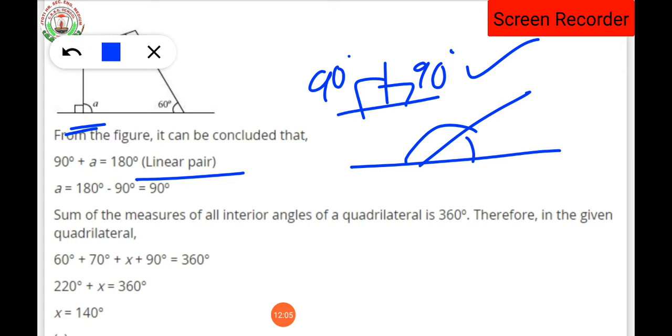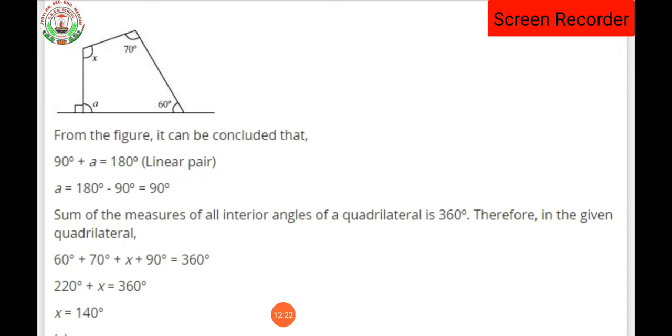If you solve with either one, the answer will come the same. It depends on you, whichever property you feel is easy, use that and solve. So what will be the answer for A? That will be 90 degrees.